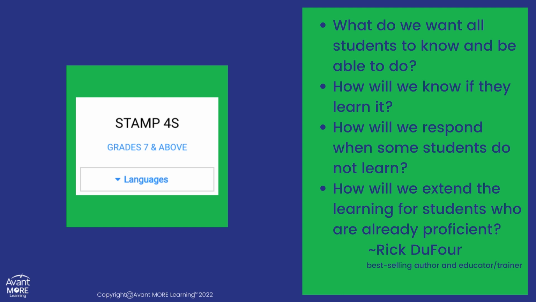These 4 questions are: what do we want all students to know and be able to do? How will we know if they learn it? How will we respond when some students do not learn? And how will we extend the learning for students who are already proficient?